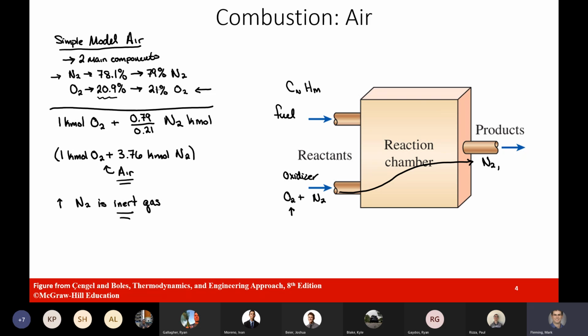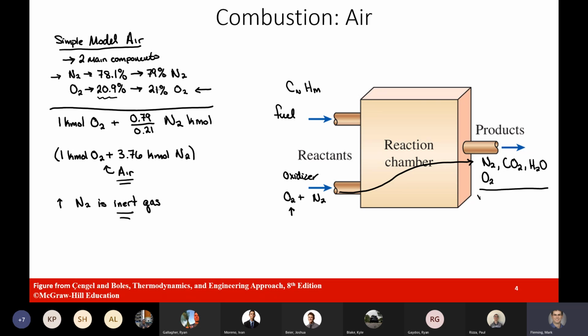The main substances we'll form at the exit: nitrogen coming through as an inert gas, some carbon dioxide, and some water vapor. We can also have some extra air, so if we had a little bit more air, we can have some excess oxygen at the exit. Those are the main products we're going to consider in our actual system.